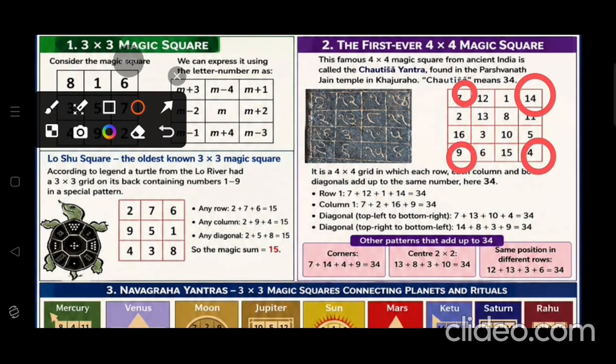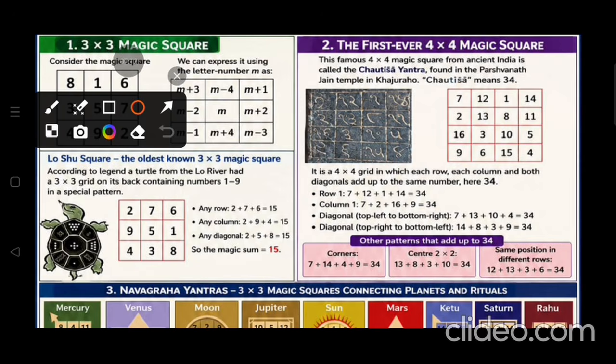The sum of these is again 34. 7 plus 14 is 21. 21 plus 4 is 25. 25 plus 9 is 34.